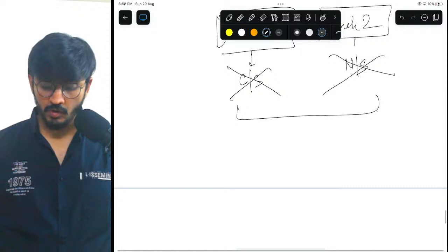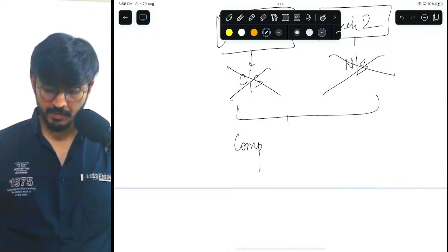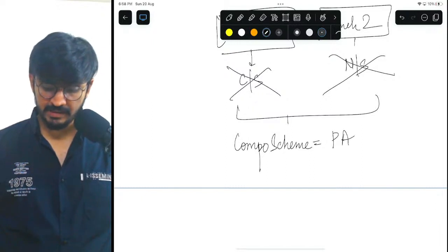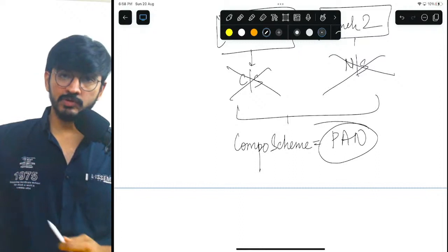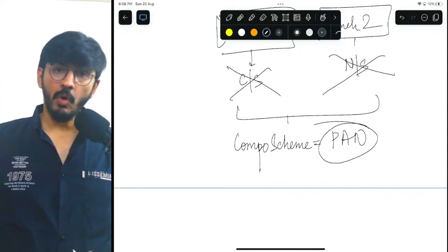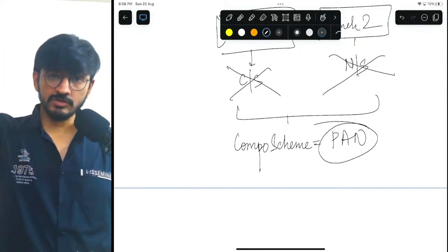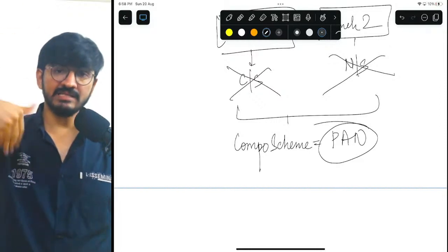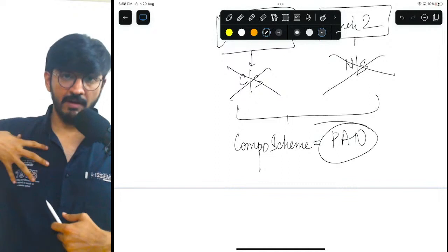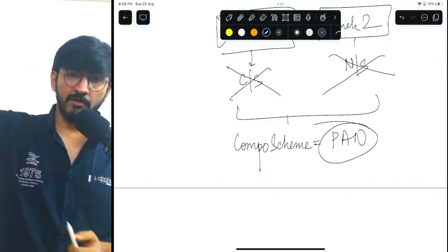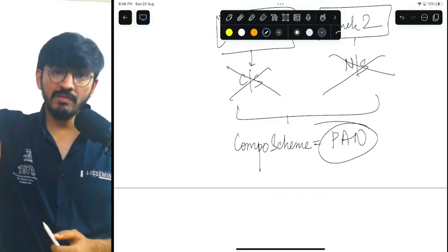Because understand, the composition scheme is a PAN based scheme. So DMART Mumbai, DMART Ahmedabad, understand, both will have the same PAN. In PAN, all the banking transactions are recorded. So if I have the PAN of DMART, if I'm from the income tax department, simple, I will have all the transactions.